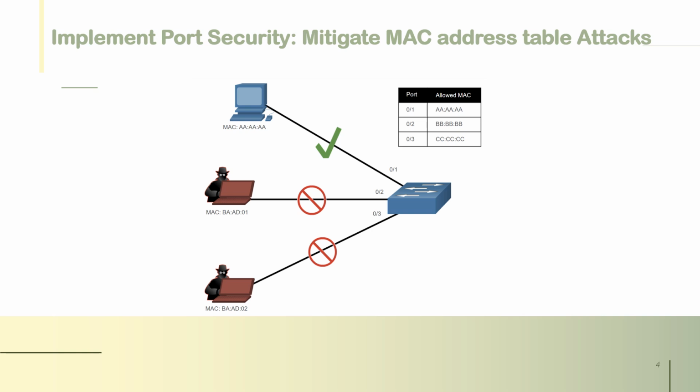The allowed MAC address for each port is listed in the switch's MAC address table, so the threats that try to reach the switch cannot be allowed access to the network, since their MAC address is not listed in the MAC address table.